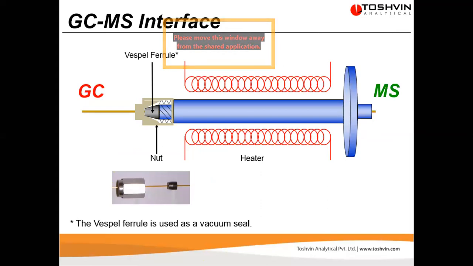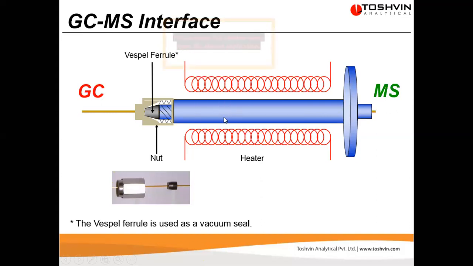As I told you, MS works under vacuum, and I'm connecting my GC to MS through the interface. In other words, I have to connect the column coming from the GC. One end of the column is attached to the injector side, and the other end is connected to the interface so that it goes through to the MS. But GC is at atmospheric pressure and this is at vacuum, so I have to make sure my vacuum doesn't leak because of any connection.